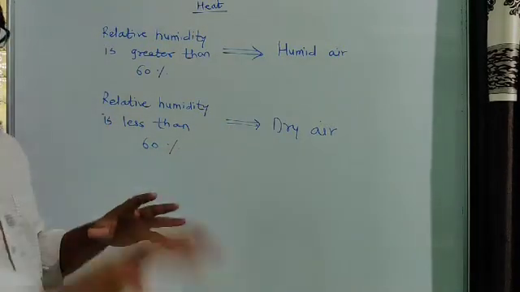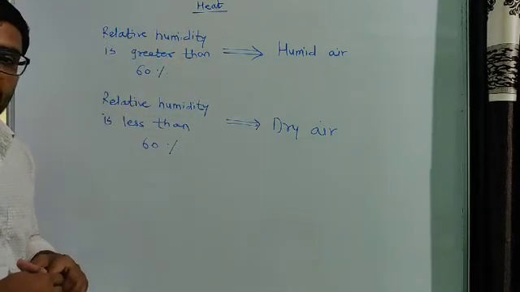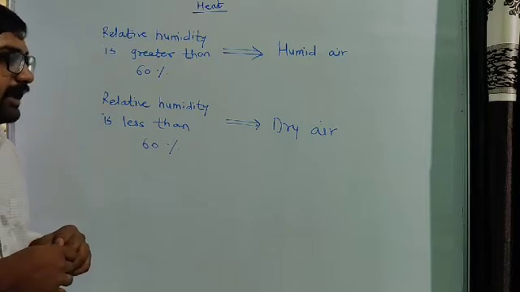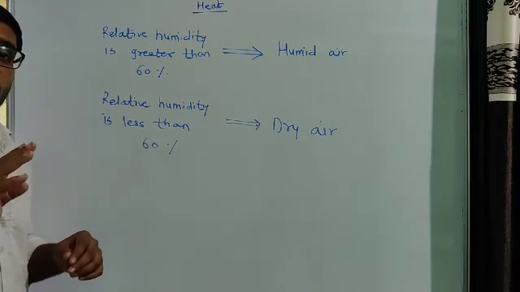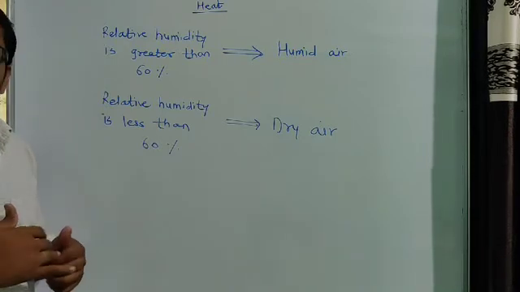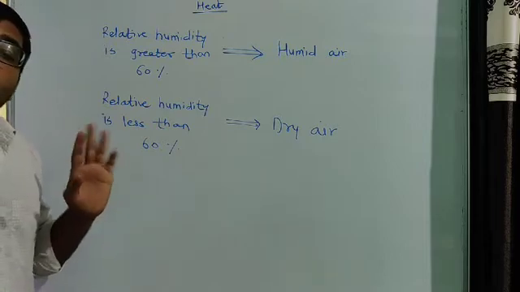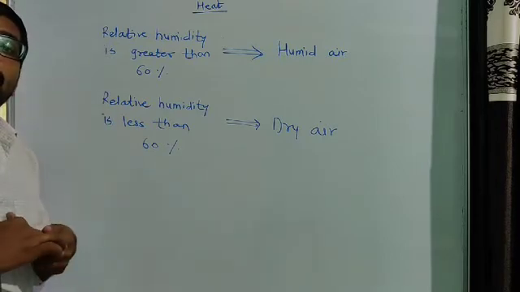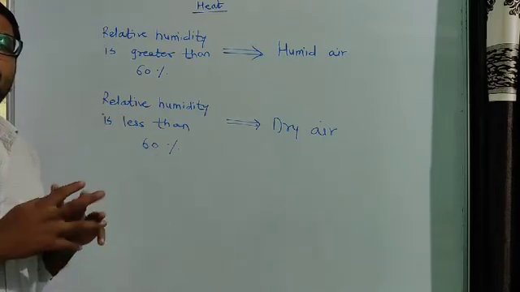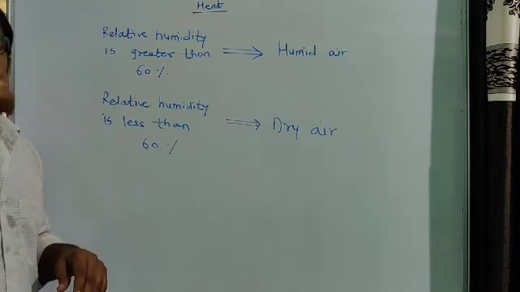So our climate depends on this concept of humidity, and humidity also depends on temperature. That is why in the summer season, when temperature is very high, air does not become easily saturated. We need a large amount of water vapor, because the temperature is 50-55 degrees Celsius.